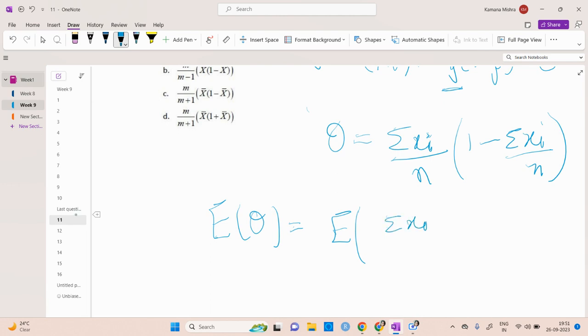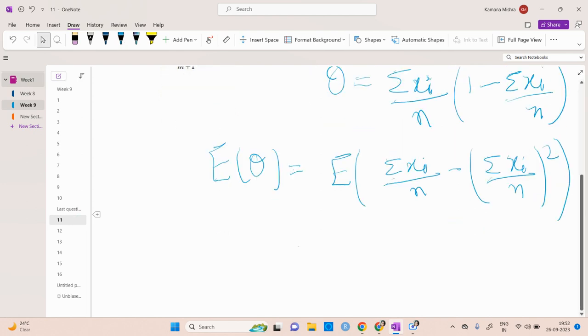So the expectation of summation xi minus n minus (summation xi divided by n) whole squared.